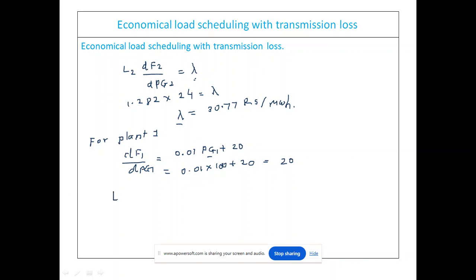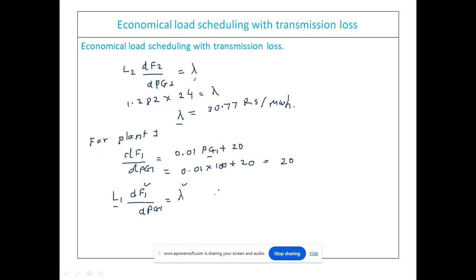Now we calculate L1. We will use the criteria L1 dF1/dPG1 equal to lambda. In this equation we don't know L1, but we know these two, so we can calculate L1.